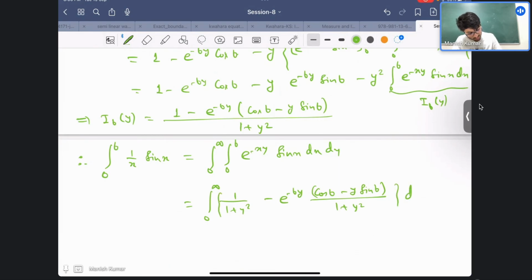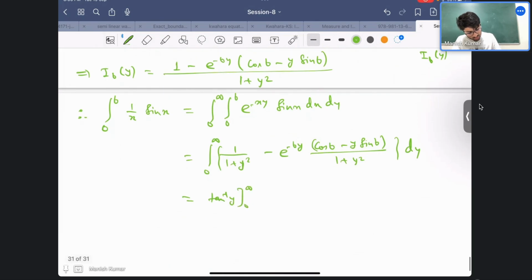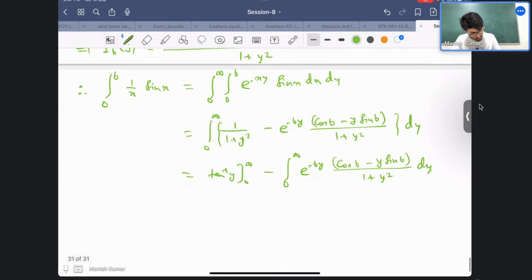Now the first integrand is nothing but tan inverse y. So you integrate from 0 to infinity, minus the integral from 0 to infinity of e^(-by) times (cos b minus y sin b) by (1 plus y square) dy.